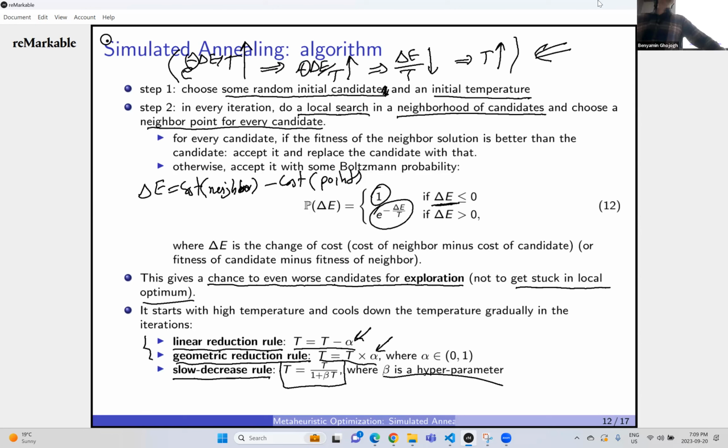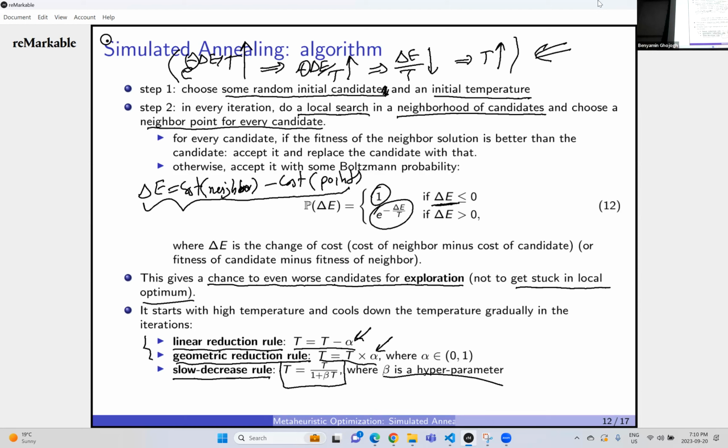If you are using fitness, I think you know what you should do. If you are maximizing a fitness, what change should you apply? Either you multiply the fitness by -1 to become cost, or you change the order in delta E. If you set delta E to be fitness of point minus fitness of neighbor, then again negative delta E would be accepted, and for positive delta E, you should give a chance to them.